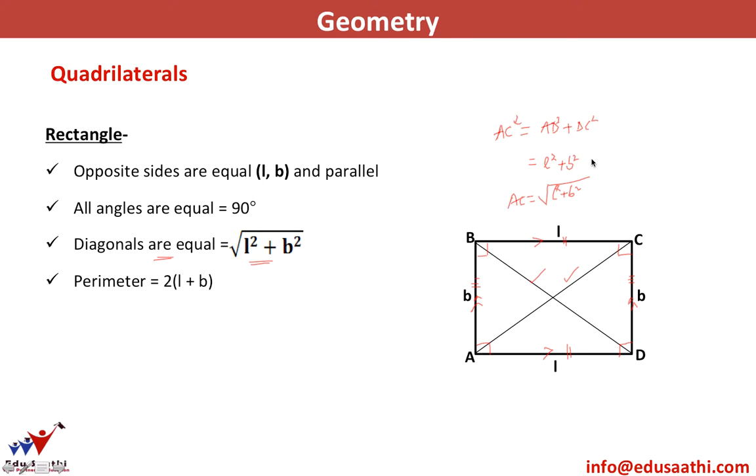The perimeter of a rectangle is the sum of all the sides, so it will be L plus B plus L plus B. Taking 2 common, I get twice of (L plus B) as the perimeter. The area of a rectangle is given by length into width.